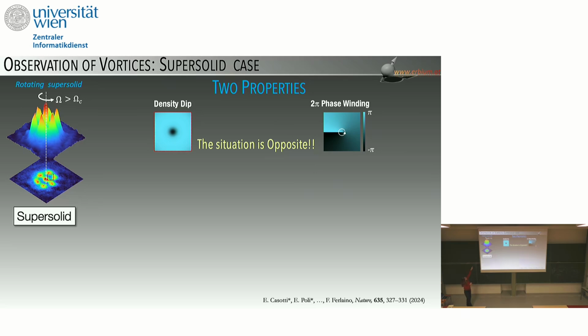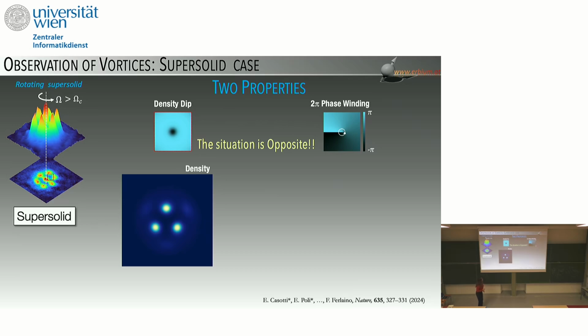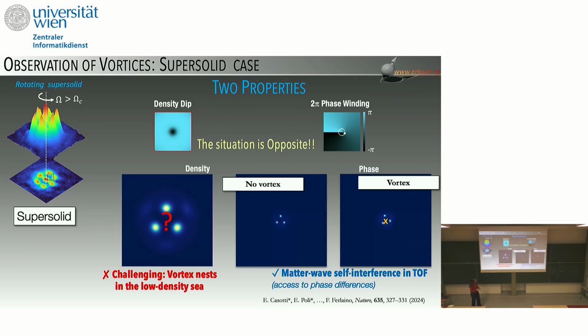You already have density maximum and density minimum also without vortices. So it was really difficult for us to observe vortices in the system. There's really a challenge to see it in the density.